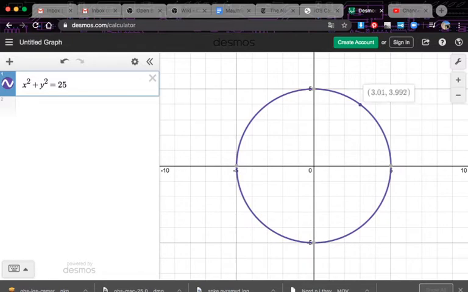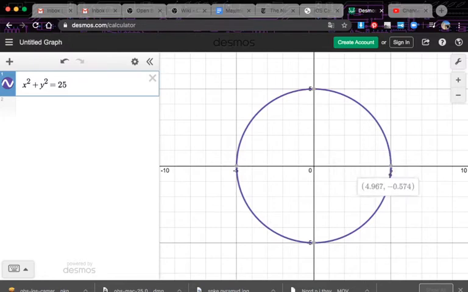Oh, look there. 3, 4. I can't get it to stay, but 3 comma 4 is a whole number. It looks like none of these other ones are. Keep going. That one also looks like it is. 4, 3. 3, 4, and 4, 3.